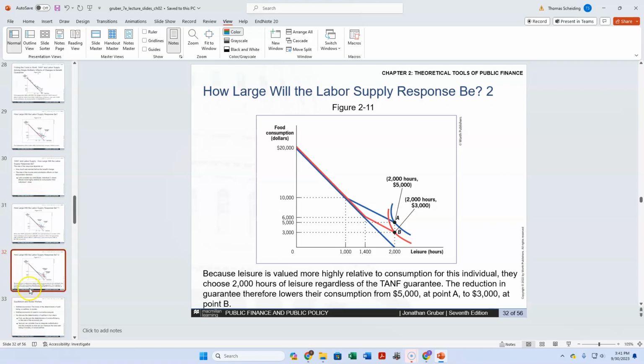Then we see that right here, right? In this case, lowering the TANF benefit from 5,000 to 3,000 causes no change in the number of leisure hours, because at both points the person is able to live on what is provided, because they value that leisure quite highly.